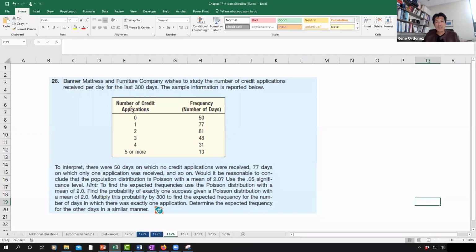Number of days where there were zero applications received, 50 of the 300 days. Number of days where only one application was received, 77. All right, so this sum here should add up to 300.